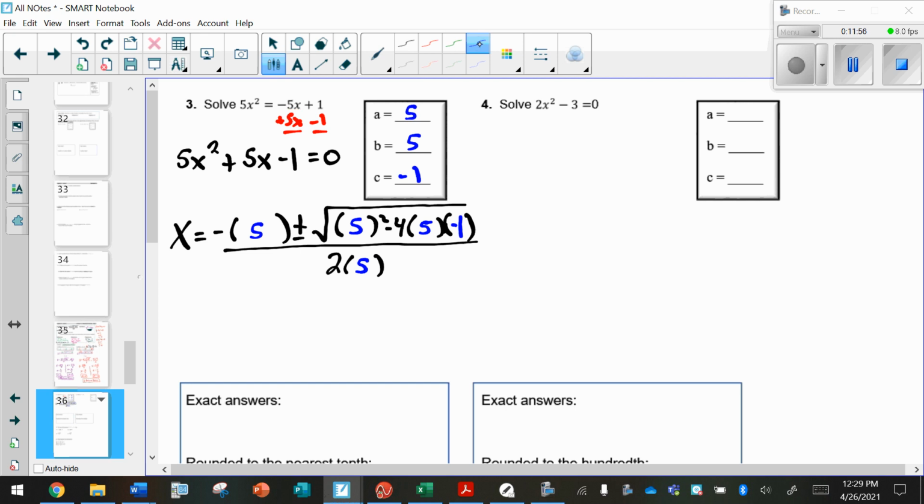Now let's do the calculation. Negative 5 plus or minus, so you're doing 5 squared minus 4 times 5 times negative 1.